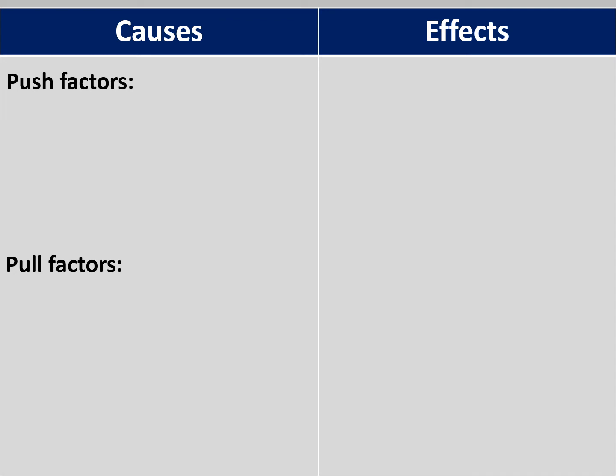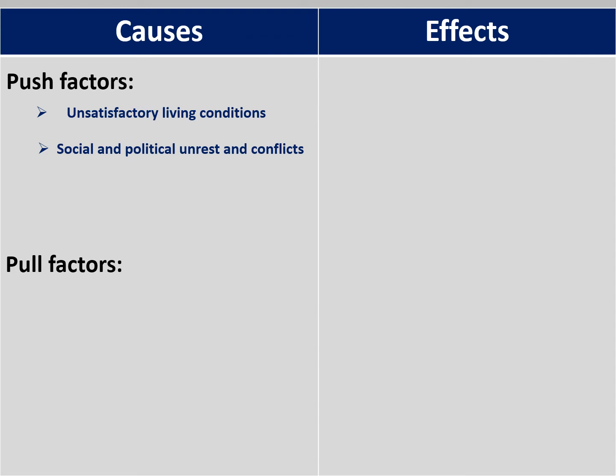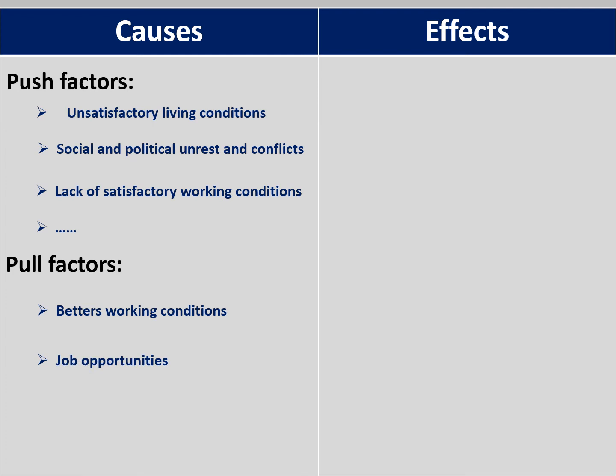Push factors include, among other things, unsatisfactory living conditions, social and political unrest and conflicts, lack of satisfactory working conditions, etc. Then pull factors, that attract or tempt immigrants, are better working conditions, the availability of job opportunities, and higher wages and income, etc.